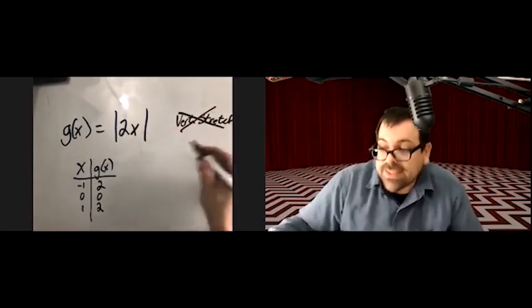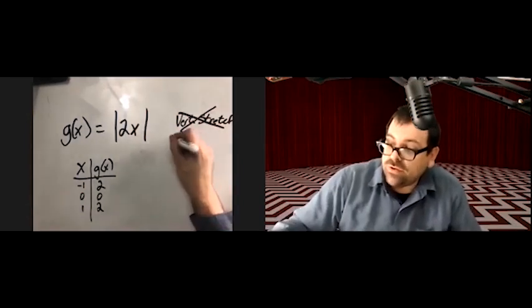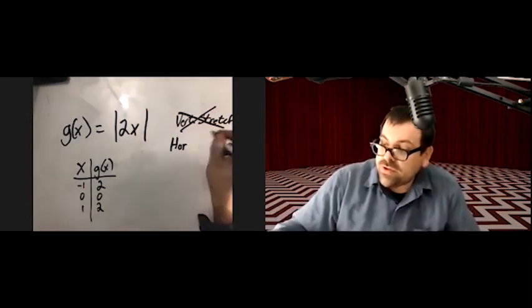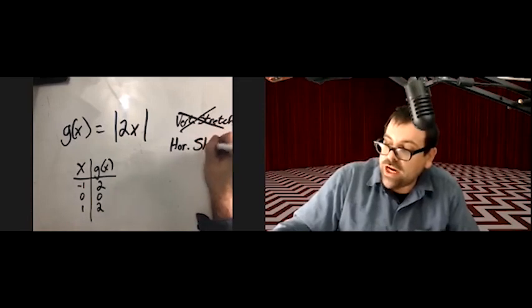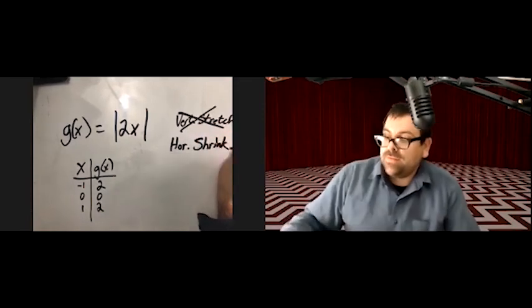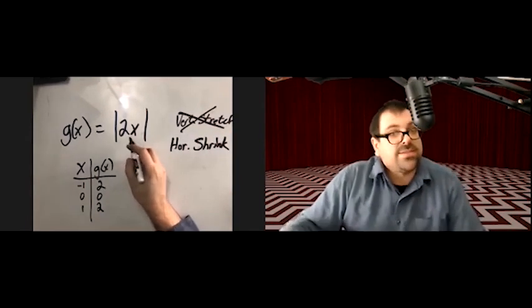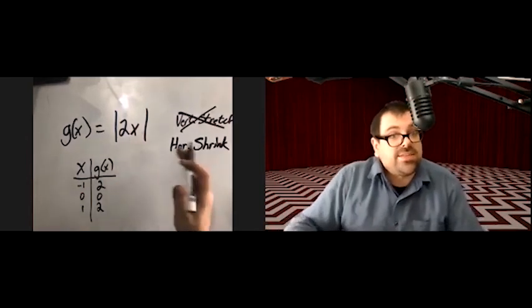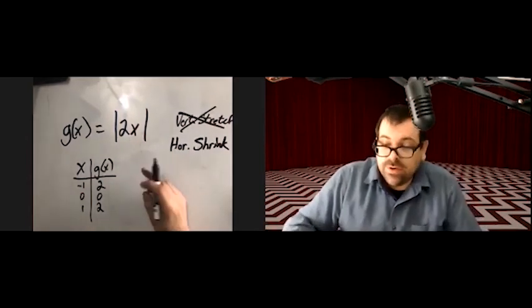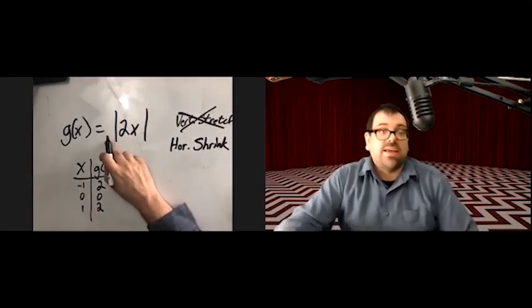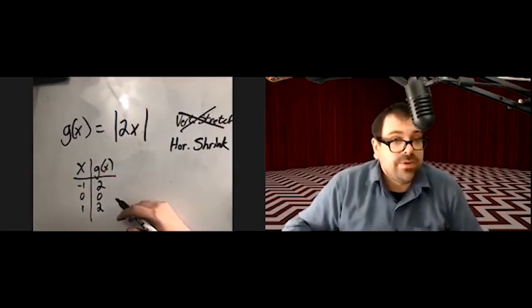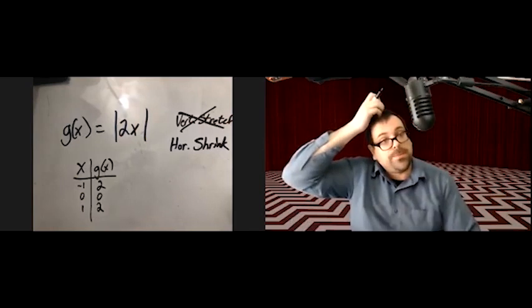The 2 is on the inside with the x. A vertical stretch would be described as a horizontal shrink in this case. Because when it's with the x, that's left and right, that's talking about horizontal stuff. When it's on the outside, that's up and down. That's talking about vertical stuff.